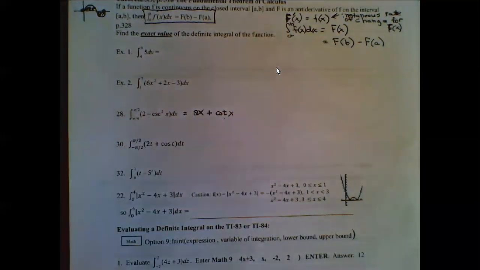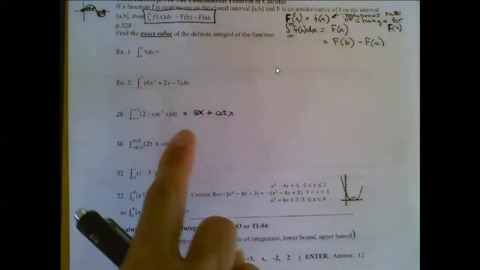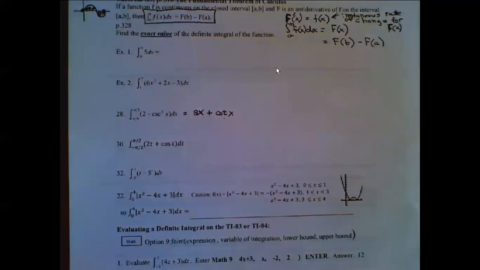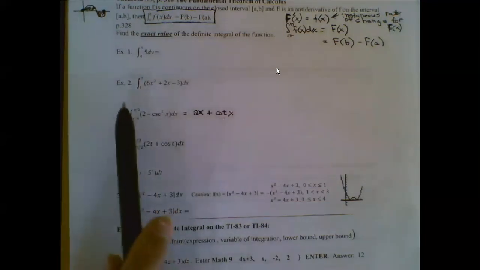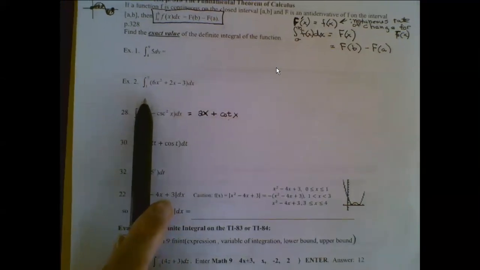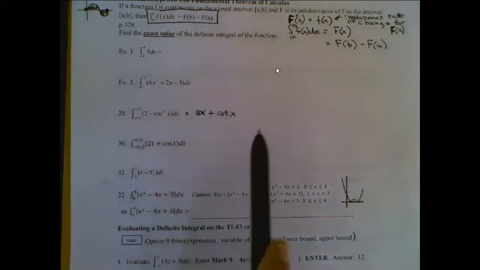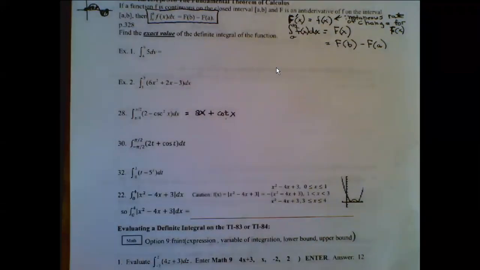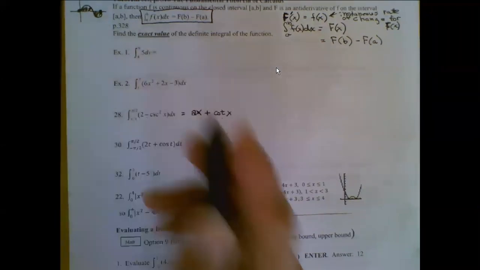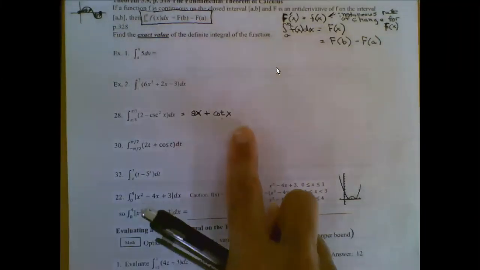All right, so far so good. We anti-differentiated, we checked it to make sure we hadn't made a mistake. If this was an indefinite integral, if those limits weren't there, I'd just have a plus c and I'd be through. But I'm evaluating a definite integral, so I don't need the plus c.